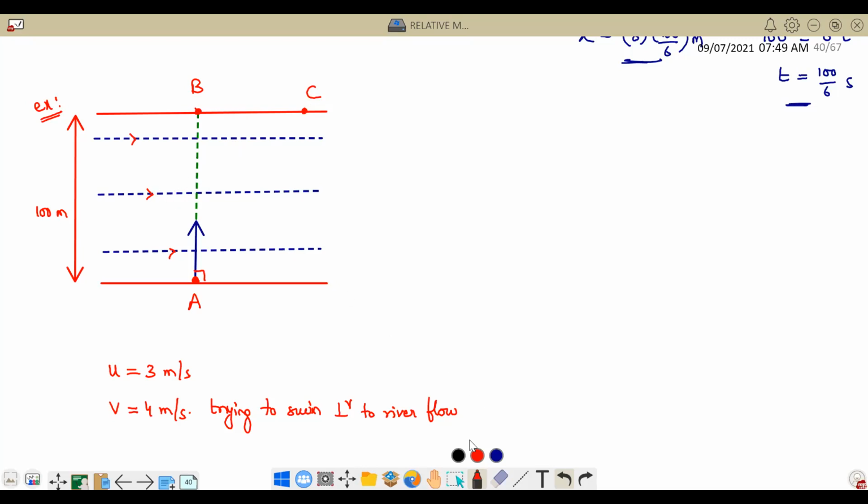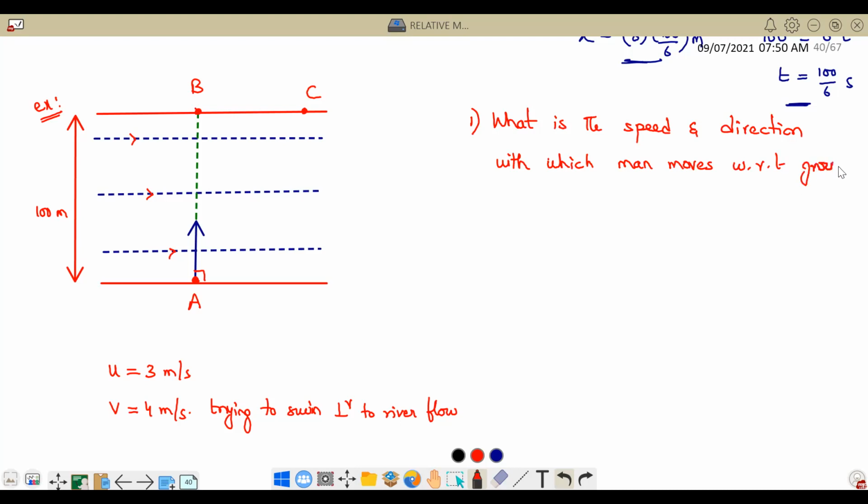So now the first question they are asking is: what is the speed and direction with which the man moves with respect to ground?